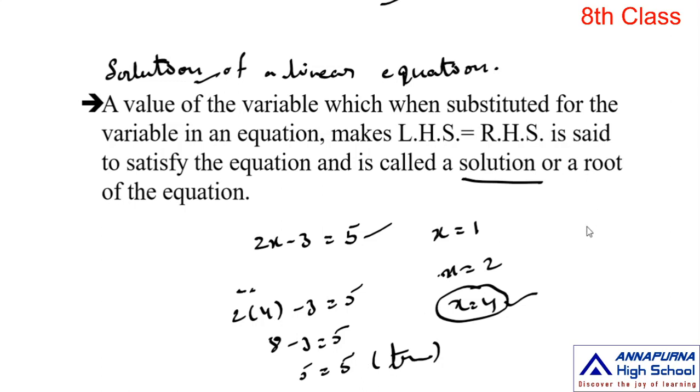This method, taking different values of x, substituting in the LHS part of the given equation and checking whether it is equal to the RHS or not, we call the trial and error method.